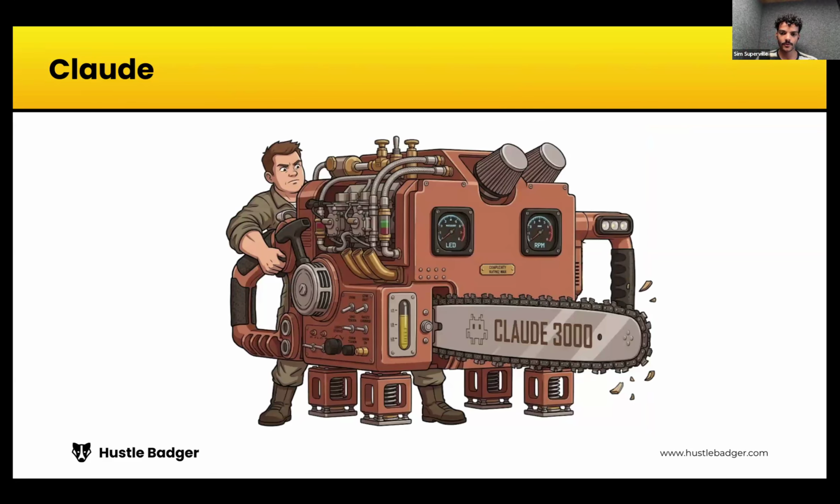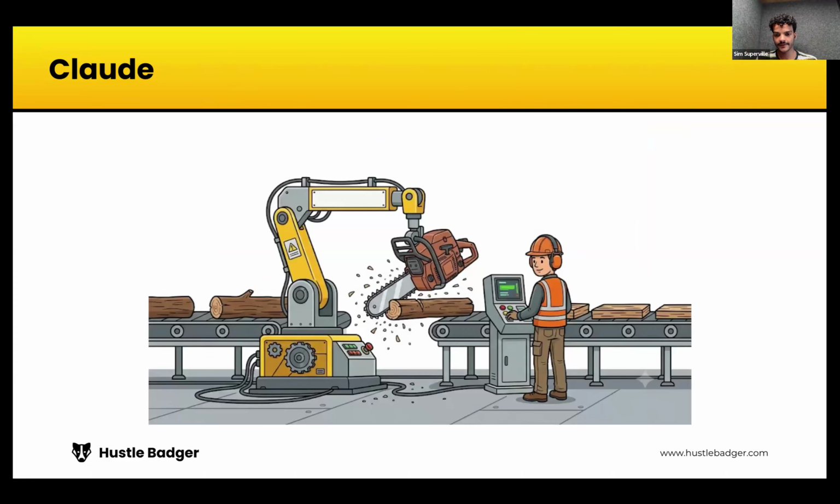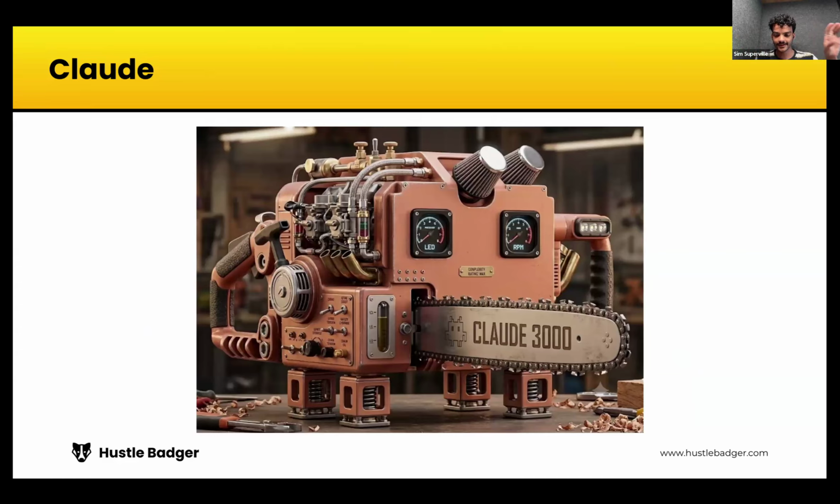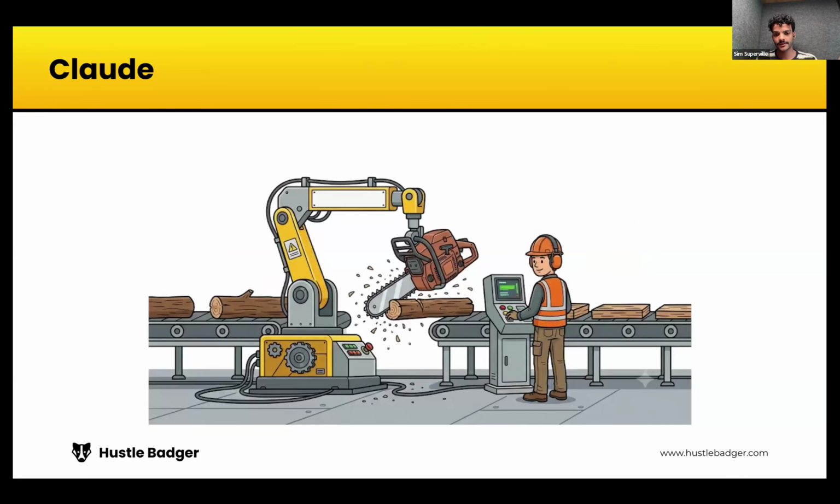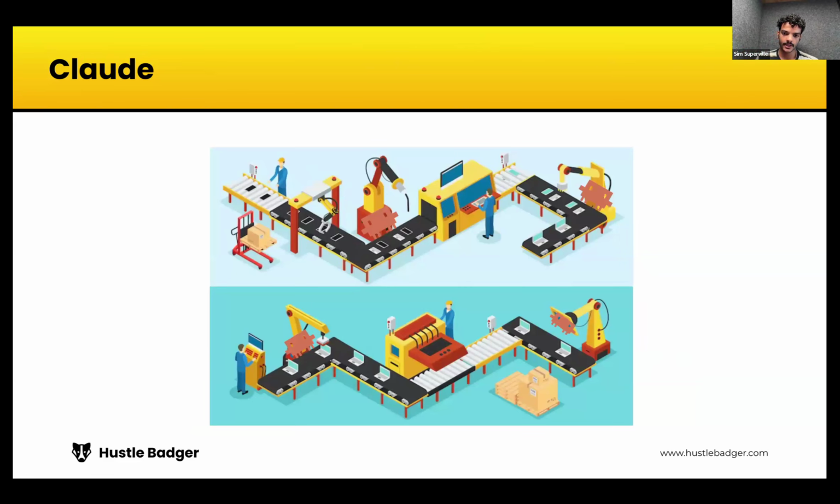And so with n8n, what you have is this ability to put that super powerful chainsaw into this production line. You can say, okay, Claude, I want you to be really focused on just this one thing. You can still have your big, powerful chainsaw to help determine maybe the best way to do something, but fundamentally it will be within this production execution.